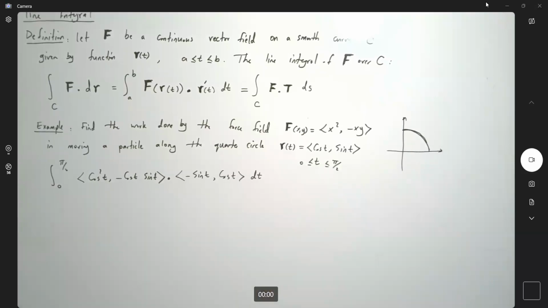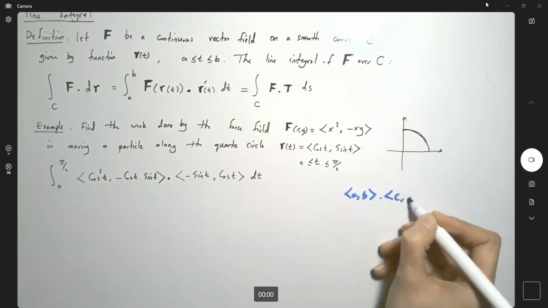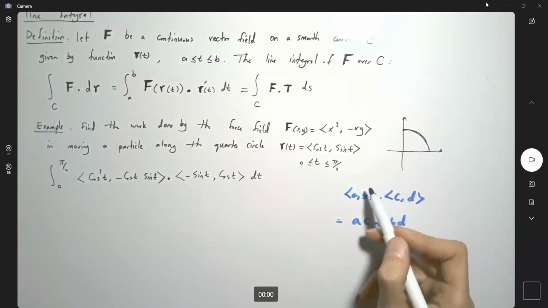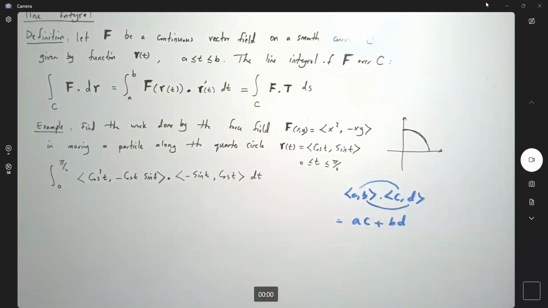So remember the dot product. If you have a, b dot c, d, it is ac plus bd. We multiply the first components, multiply the second components, and add them together.